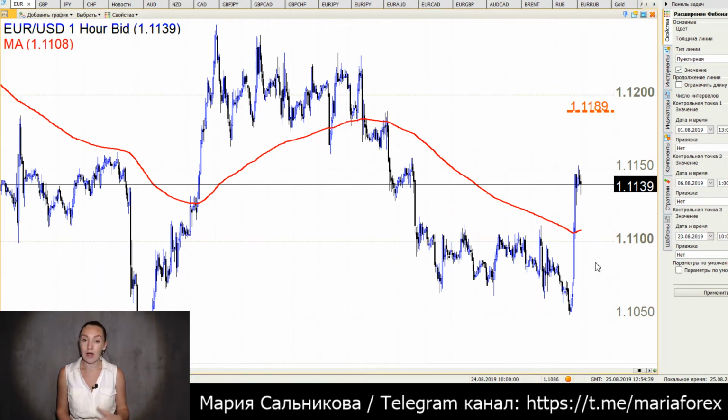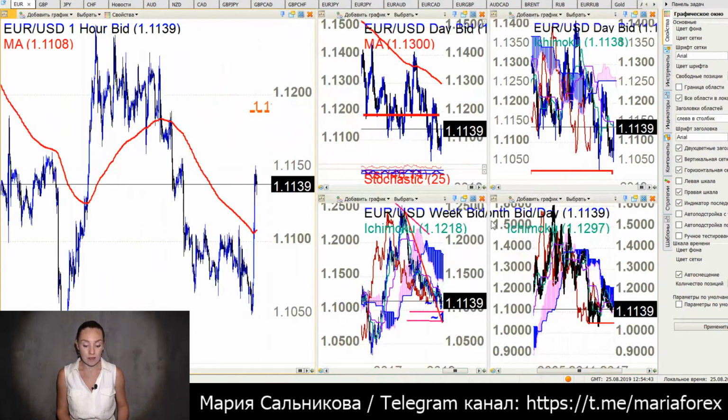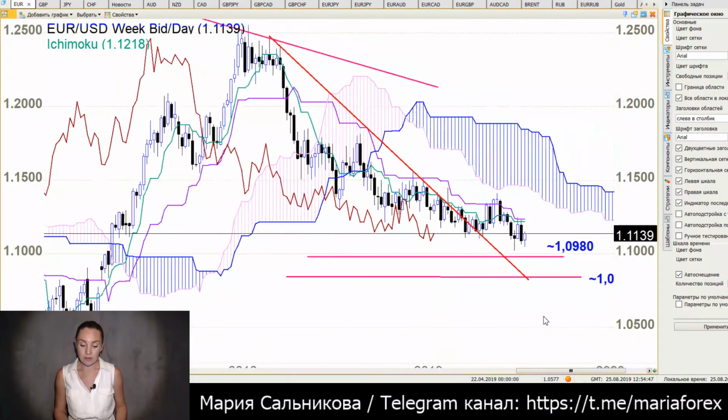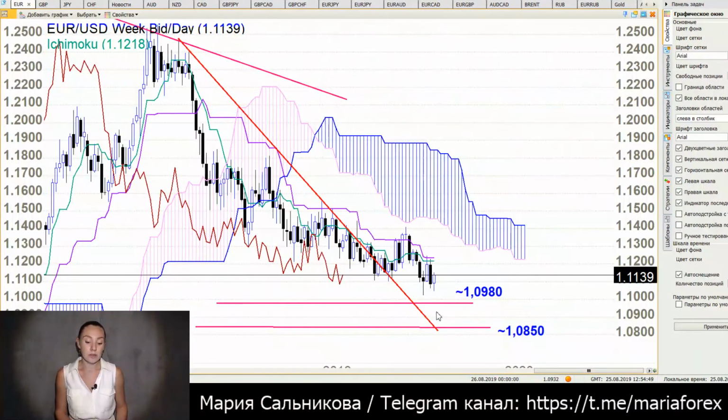1.1080, after that we will try to find enters to sell with a target 1.0980, 1.0850. Those are targets that we should leave on a weekly or daily graph, but those are not targets for this week.